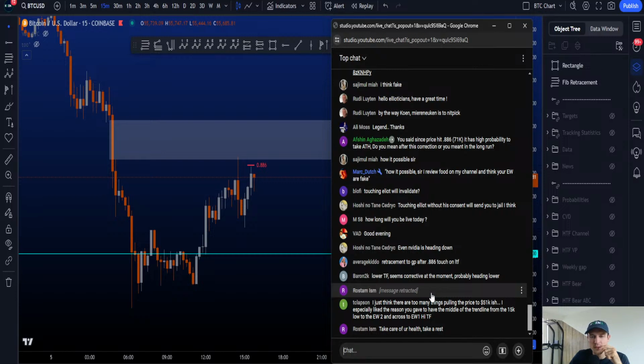But if an area is too obvious, I'm never surprised that we won't reach it or we just break through it. If many people are looking to long the same area, so that's, you know, 51.8, I don't know, the lower 50s I guess is a popular area. It's a psychological number. We have great confluence, but that might also be the reason why it doesn't hold, or we don't reach it, you know?